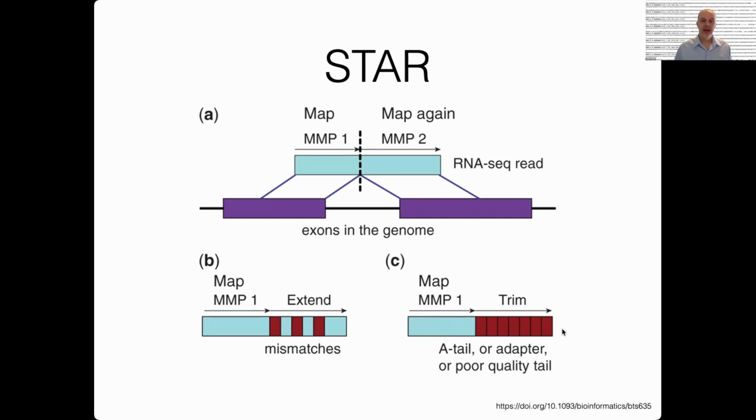And again, if it looks like this, where the blue is the biological sequence that's in the genome, and the reddish brown here is representing a poly-A tail. That's not encoded in the genome, right?